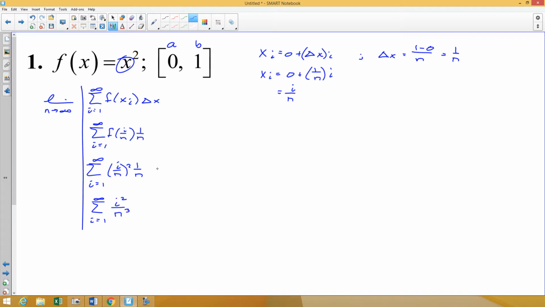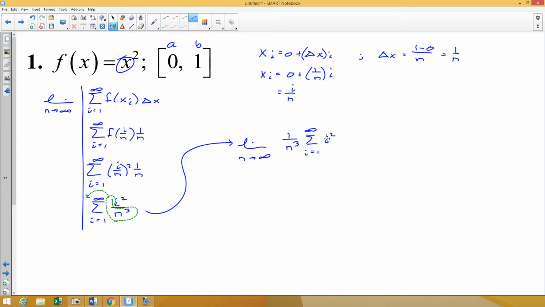And then the n cubed is a constant as far as the summation notation is concerned. So I'm going to take that 1 over n cubed, because that's a constant, and I prefer to take that out of the summation notation and stick it in front just to get it out of the way, make things a little less ugly. So now I've got the limit as n approaches infinity of 1 over n cubed times the sum as i goes from 1 to infinity of i squared.